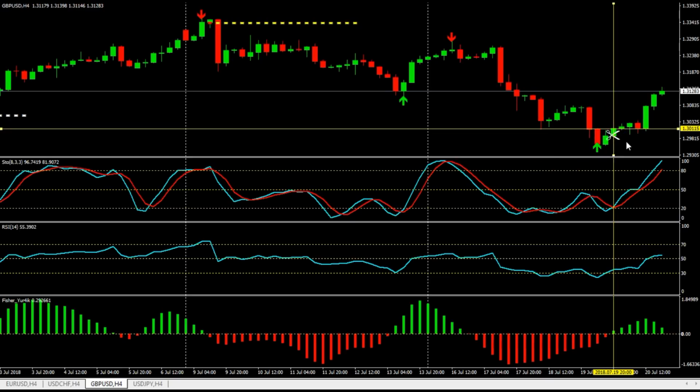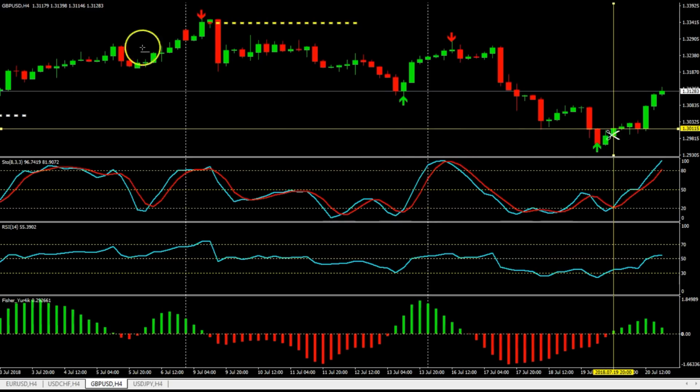We place a stop loss 5 pips below the most recent low. The most recent low was 1.2956, 0.7 means 1.2957. Take away 5, it's going to be 1.2952.